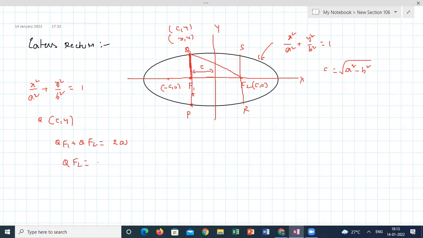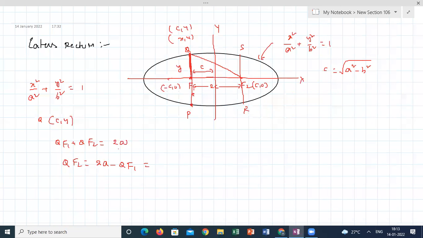F1F2 is nothing but 2c. Then using the distance formula, this is y, and this whole distance is 2c.